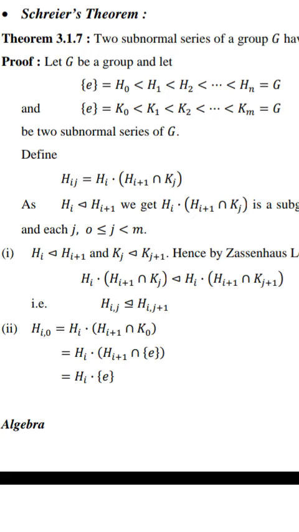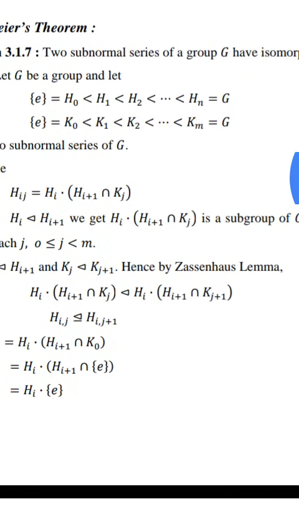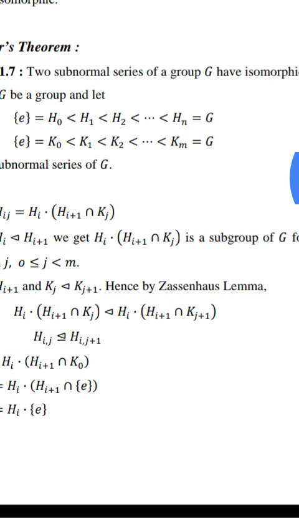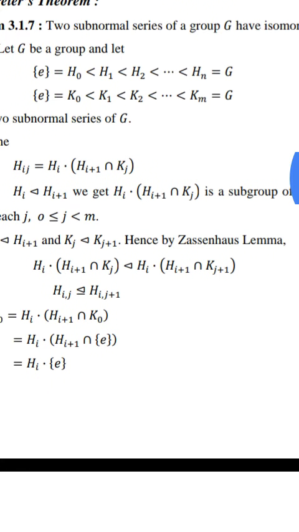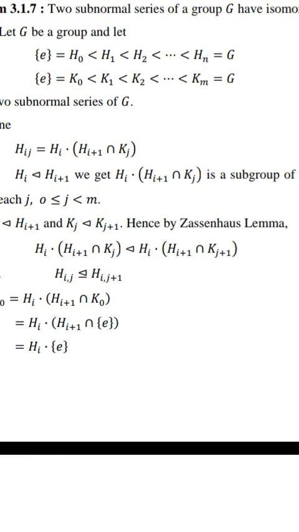Now Hi is normal in Hi+1 and Kj is normal in Kj+1. Then by Zassenhaus lemma, Hi(Hi+1 ∩ Kj) is normal in Hi(Hi+1 ∩ Kj+1). Therefore Hij is a normal subgroup of Hij+1.